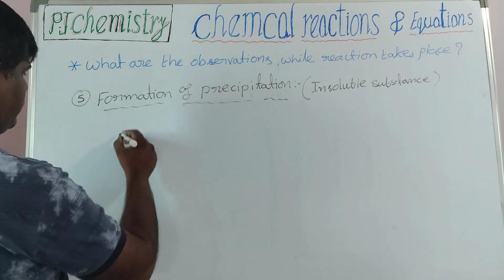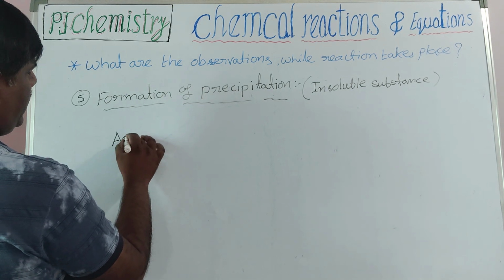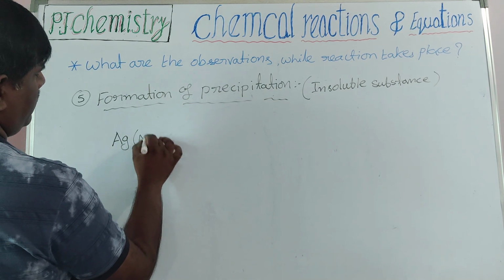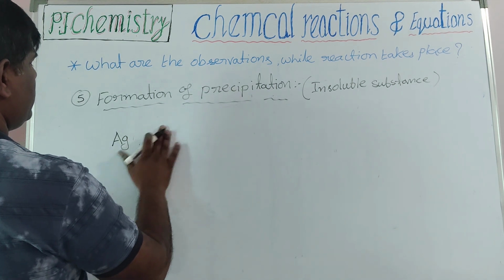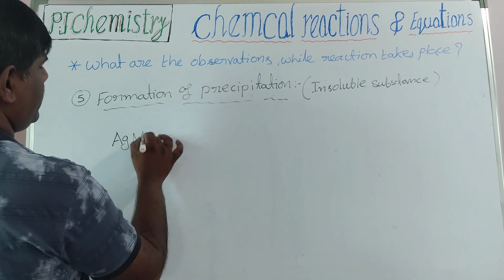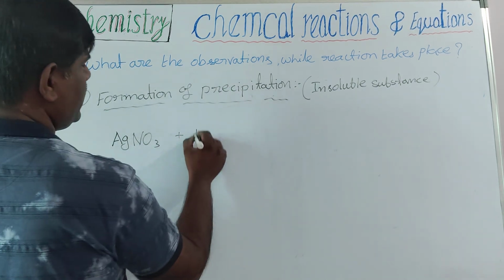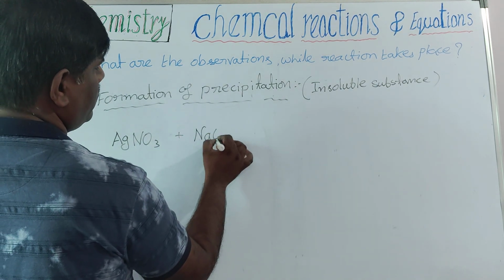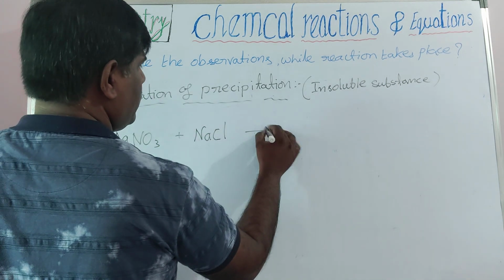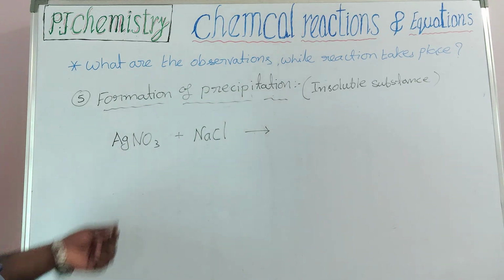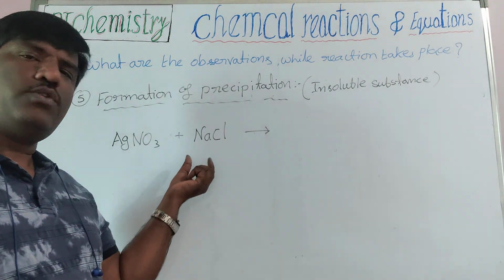Example: silver nitrate reacts with sodium chloride. Here, to make a silver chloride precipitation, I am taking sodium chloride.